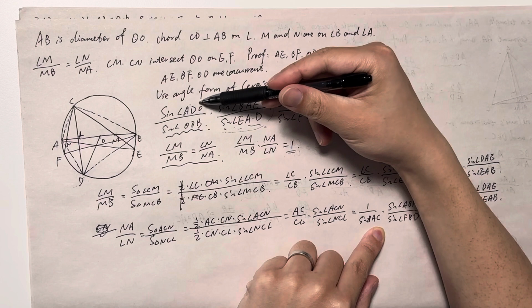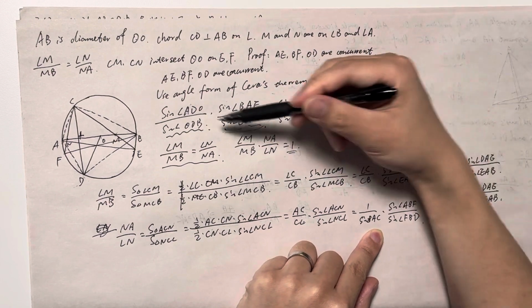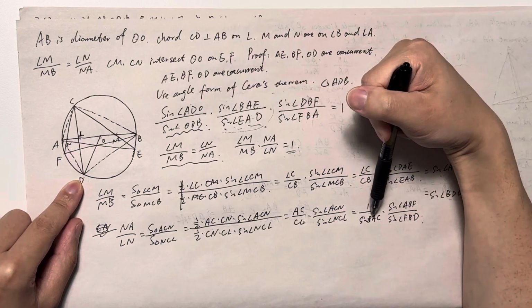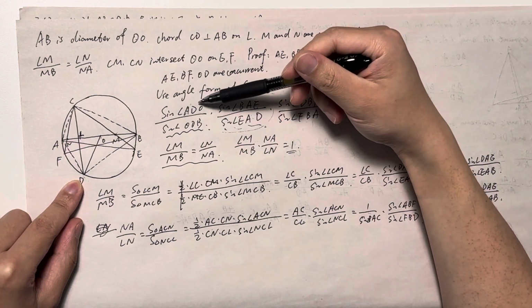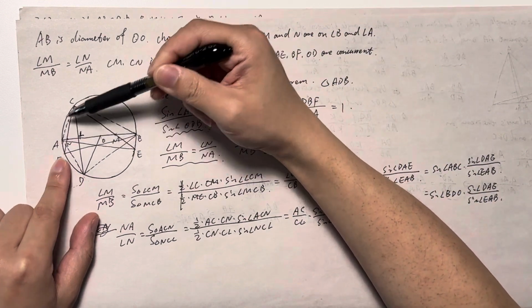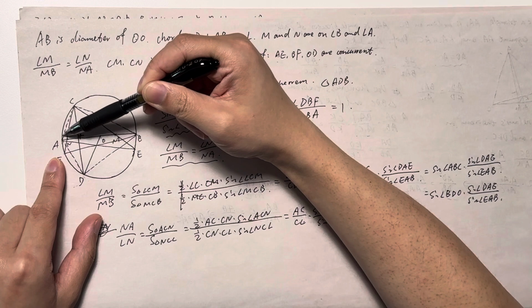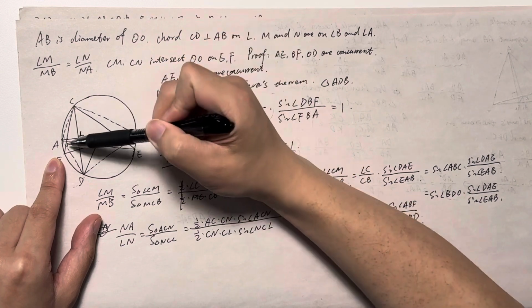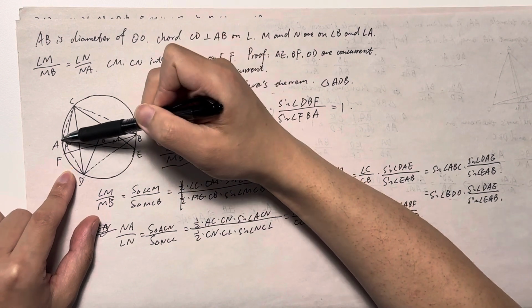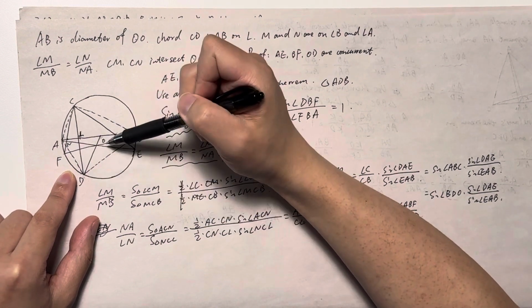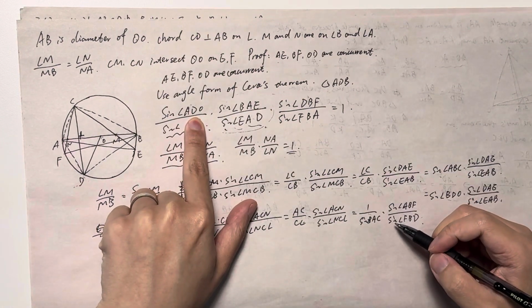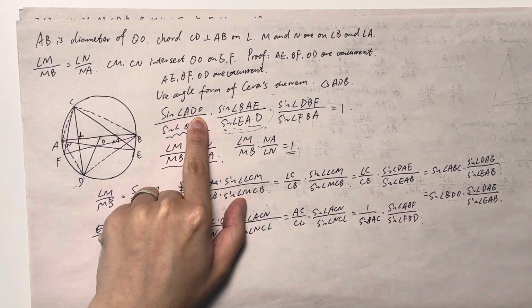So here should be on the denominator, here should be on the numerator, which means we just need to check whether BAC equals ADO. BAC is this angle, which equals this angle BAD, which is OAD. OAD equals angle ODA, and ADO is the same thing.